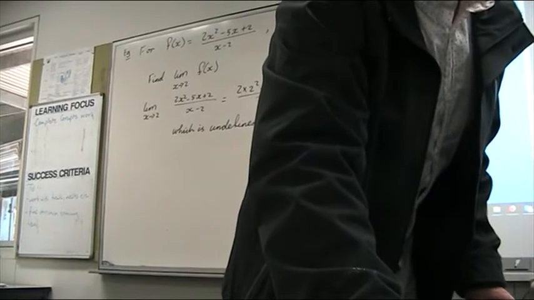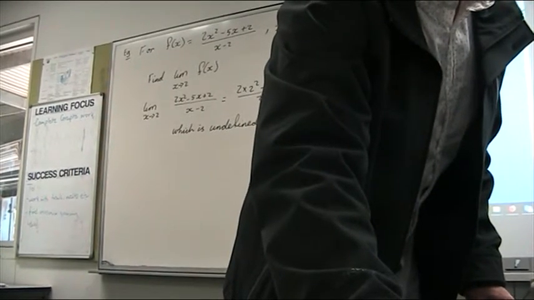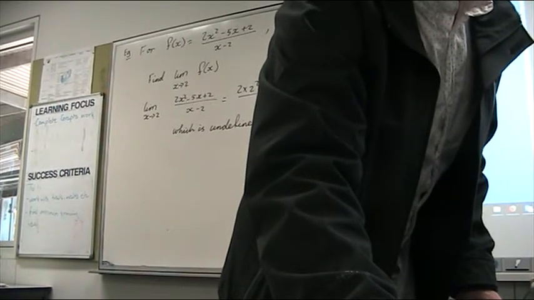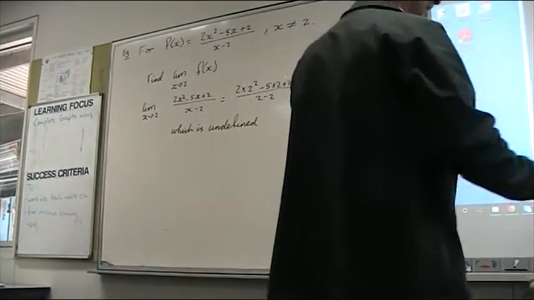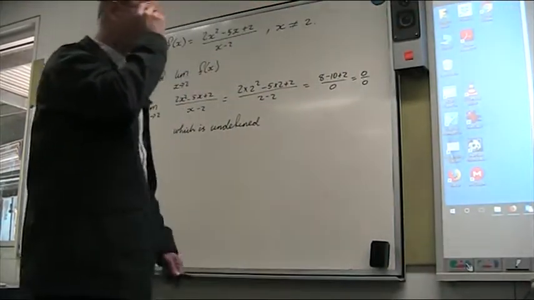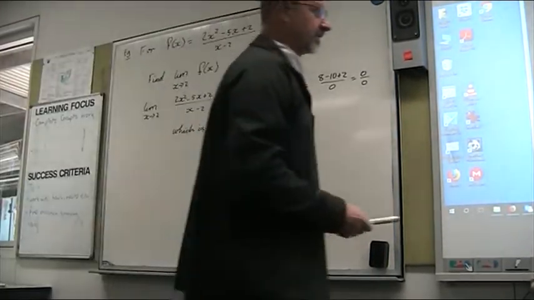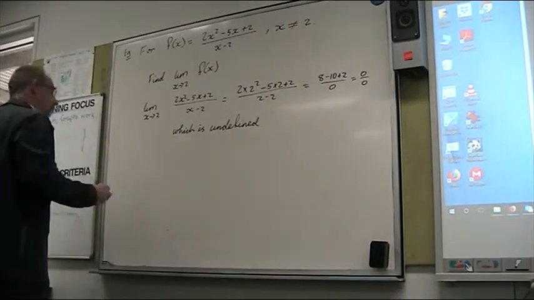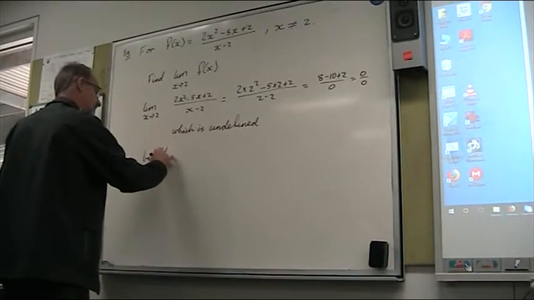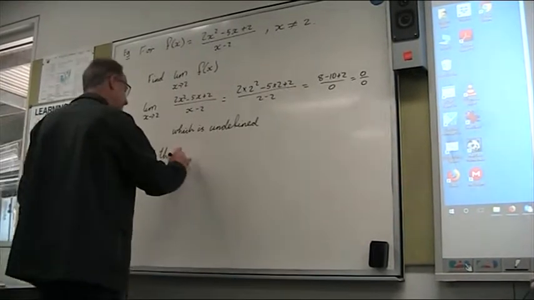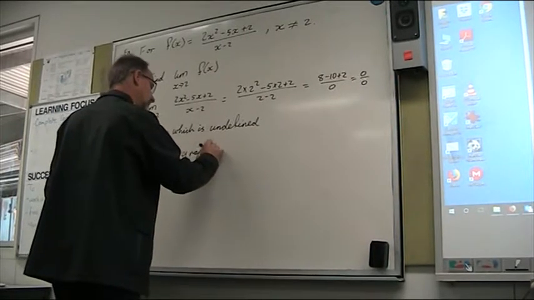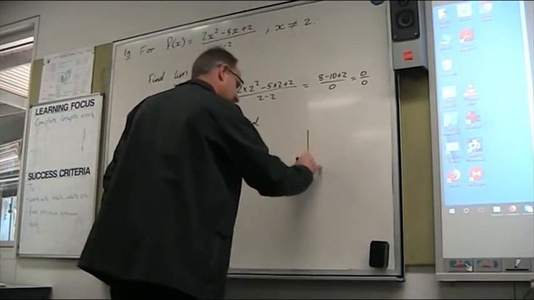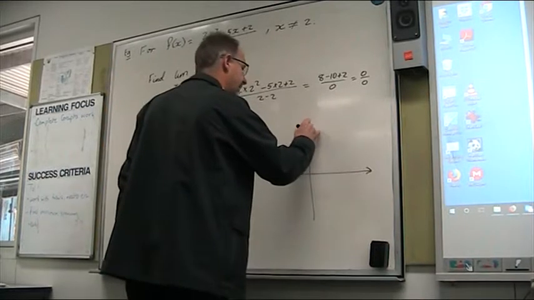Now, if we tried to find the y value when x is 2, it tells us that it's undefined. So the question is what's going on, because there certainly looks like there's a limit and it looks like it's heading towards 3. What that means is that we actually have a hole in our graph.